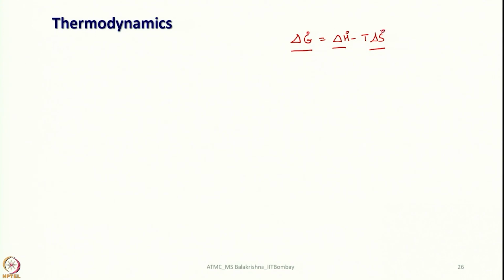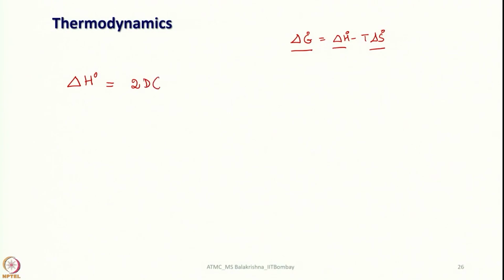Okay. So, in this reaction first let us look into delta H naught. In order to calculate this, what we have to see in the reaction is that we have broken one HH bond and we have formed 2 new iridium to hydrogen bonds. We should consider the formation of 2 iridium to hydrogen bonds and the breaking of one HH bond.